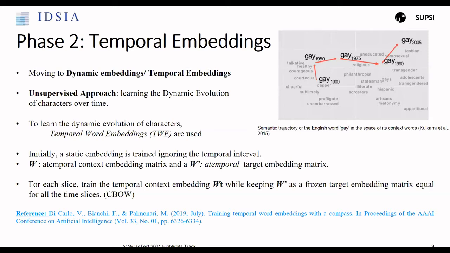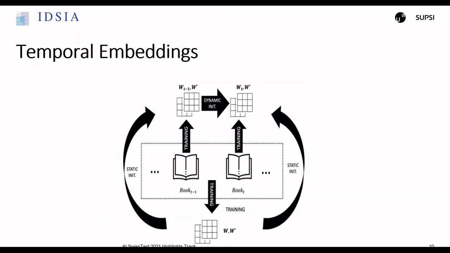The authors in their paper have shown that this method is simple but so effective in solving the alignment issues. So we use the same approach for our method: to train the static embedding over the different timestamps, which are actually the books, and then to train the temporal embeddings over each time slice, so that we can compare the evolution of the characters over different timestamps.